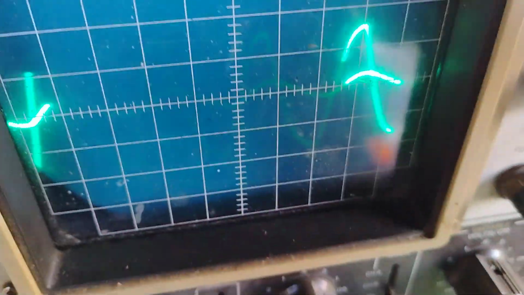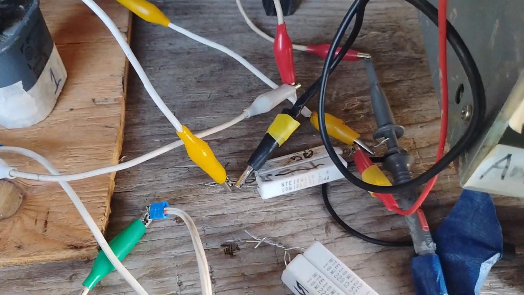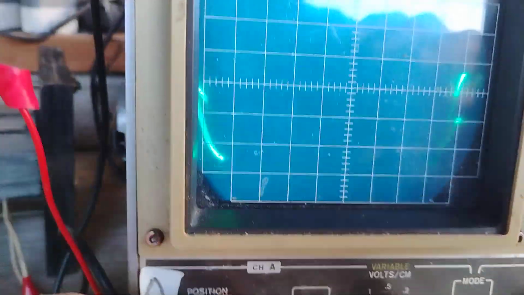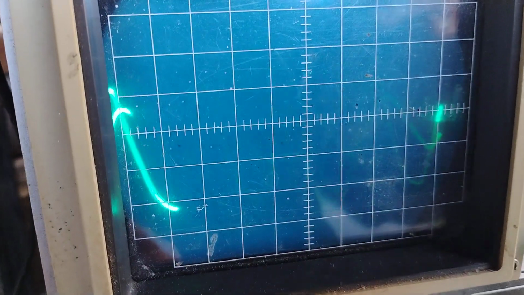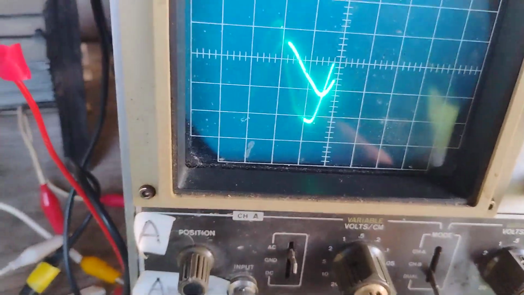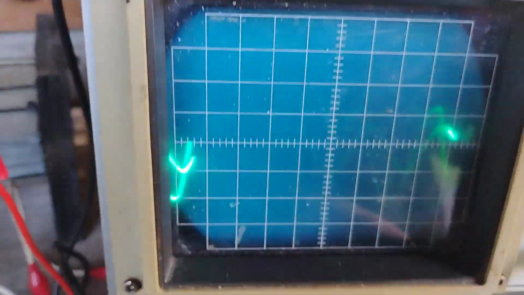Let's go back to just, hold on. I'm going to make the, you want to have the voltage and current waveforms centered on that zero line.